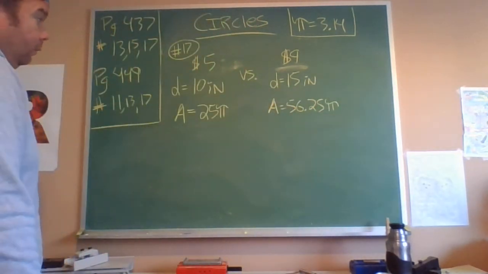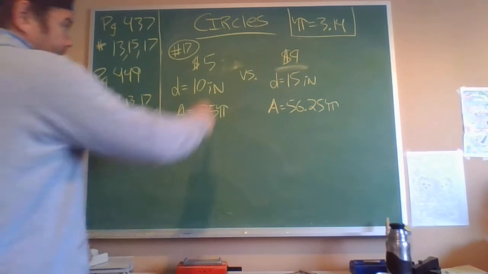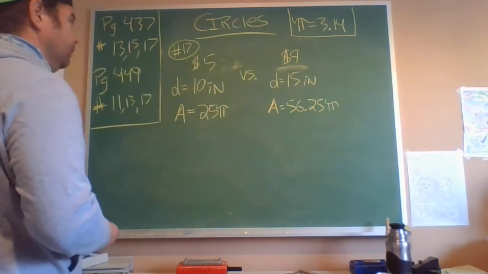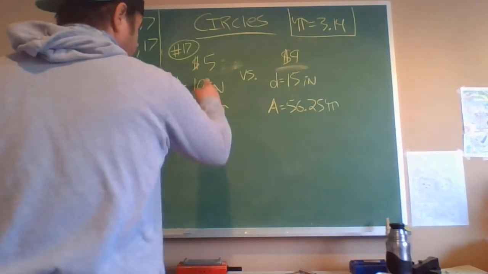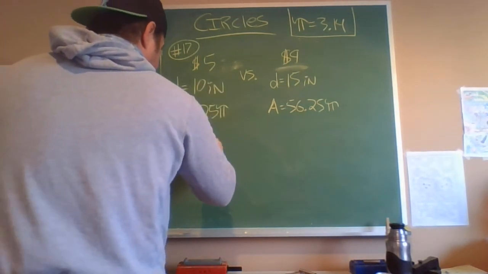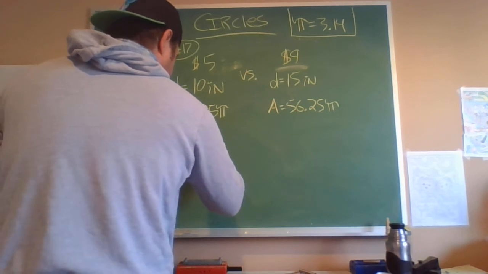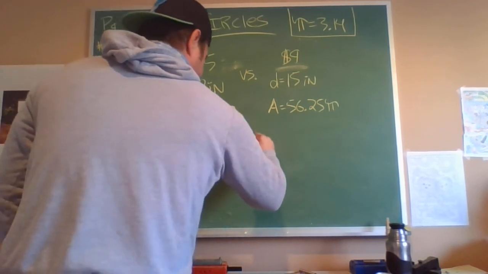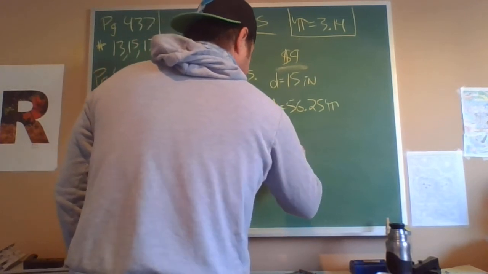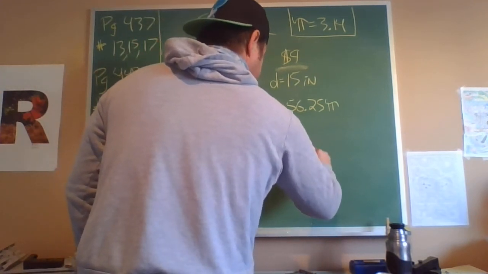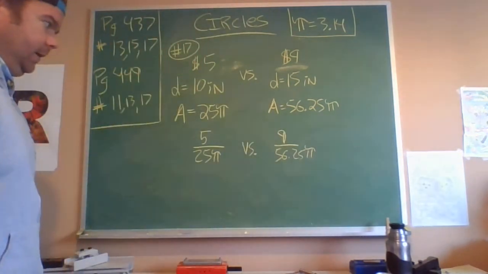And we're trying to figure out what gives you the best deal, so we have to turn this into a ratio, right? We want to turn it into dollars per square inch of pizza. So this over here would be $5 over 25 pi versus $9 over 56.25 pi, okay?